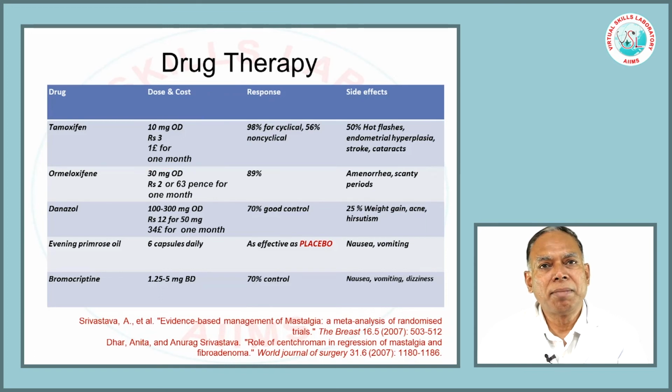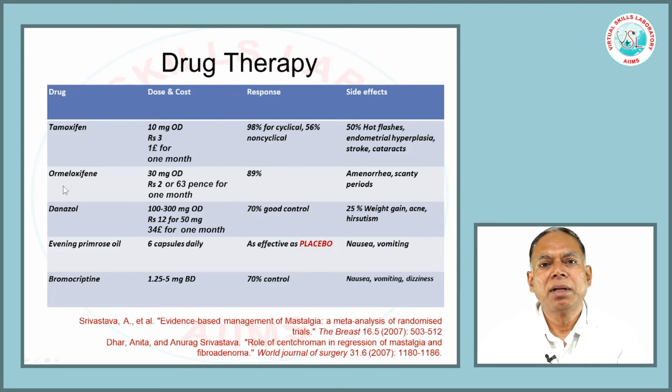It is very reasonably priced, 2 to 3 rupees a tablet, and has minimal and well tolerated side effects. All of these stop the moment you stop the medication, and there is no risk of endometrial cancer or thromboembolic phenomena or cataract, which are often associated when Tamoxifen is used for breast cancer patients for 5 years or longer.